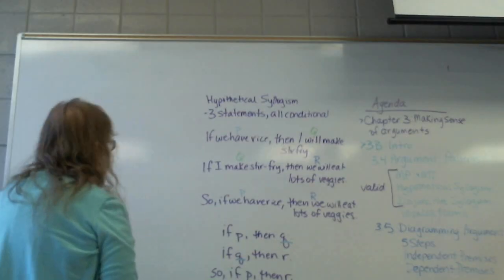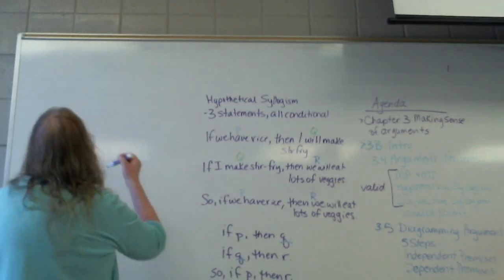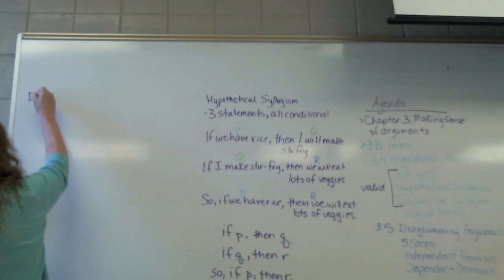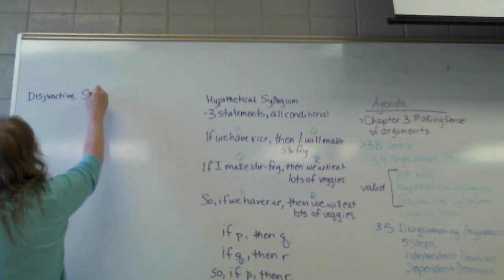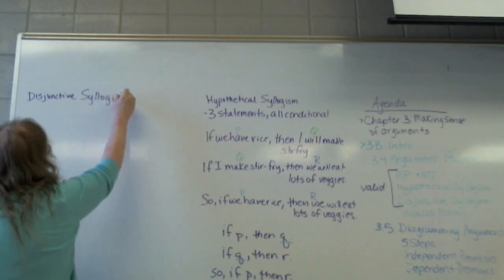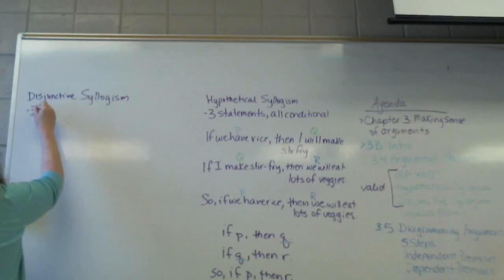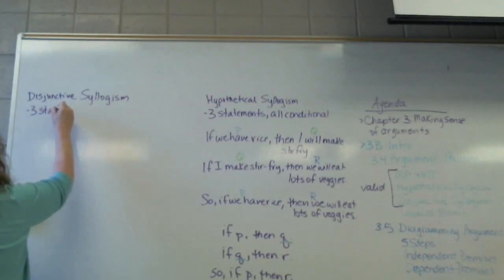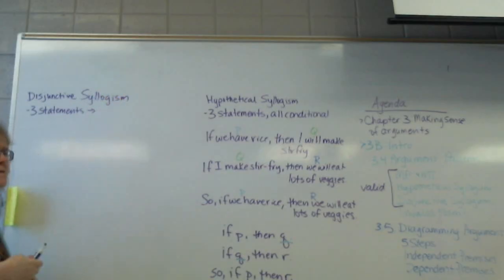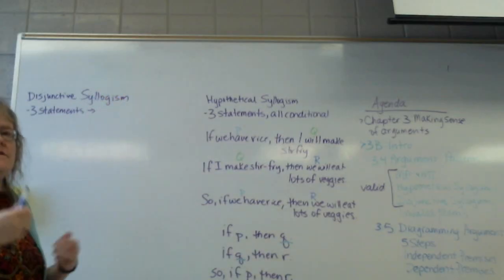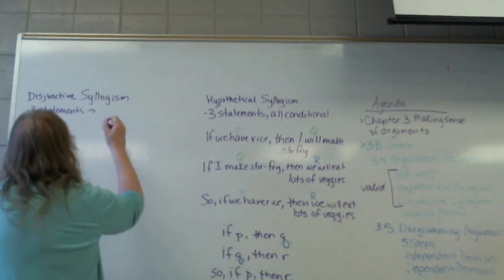Now, the last one is a little bit weird. I know, everything in this class is weird. It's a disjunctive syllogism. So it has 3 lines, okay? This is 3 statements, and this is the thing about it, it's often a choice, okay?